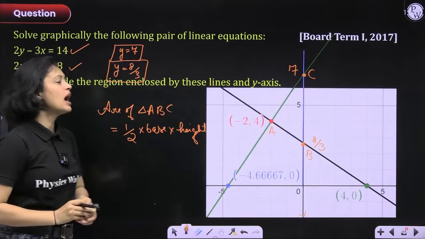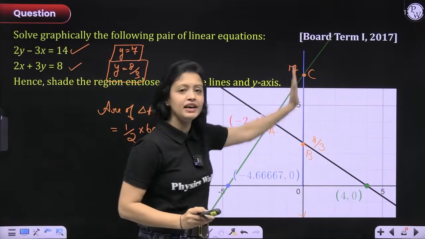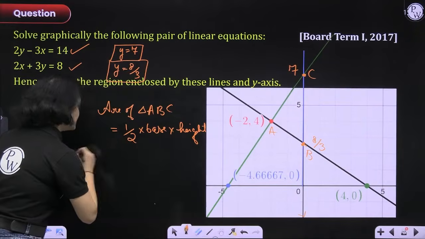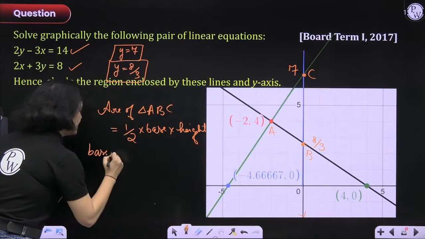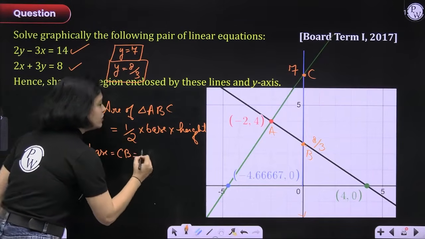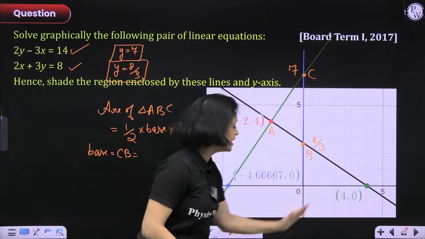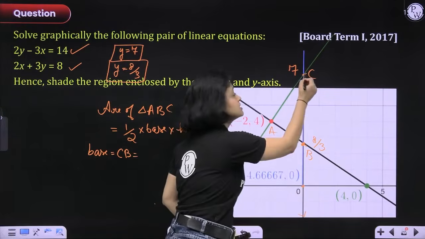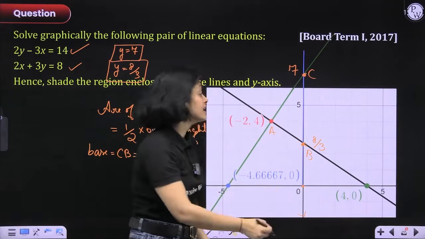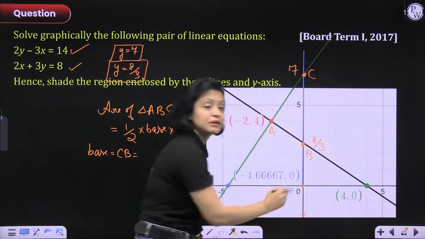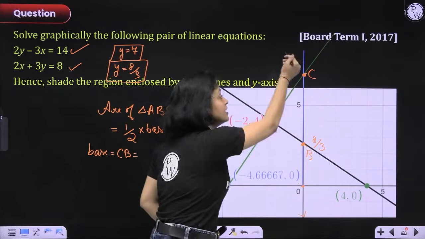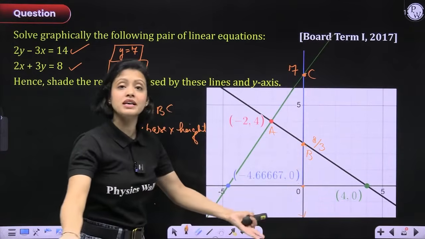Okay. Now, how do you figure out CB? So I think CB is very easy. Base is equal to CB, and CB would be what? Think about it. From here to here, this entire length is 7, right? And from here to here, the length is 8/3. So from this entire 7, subtract 8/3, right?